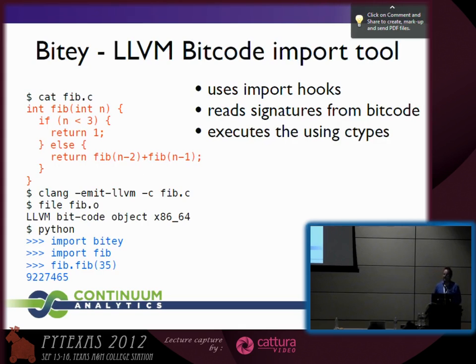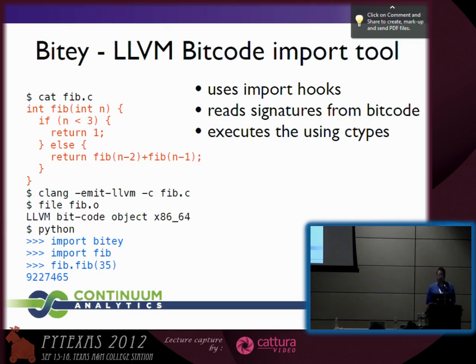Another interesting example which I came across recently is llvmpy-import, an LLVM bitcode import tool that David Beazley wrote just a few weeks ago, or a month ago maybe. On the left, I show how little effort it takes to write very fast Python code.